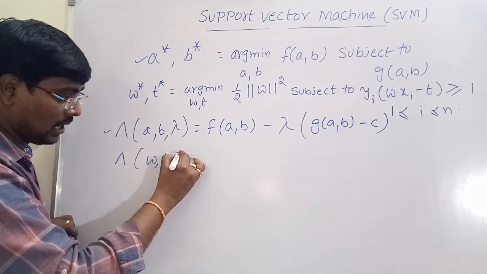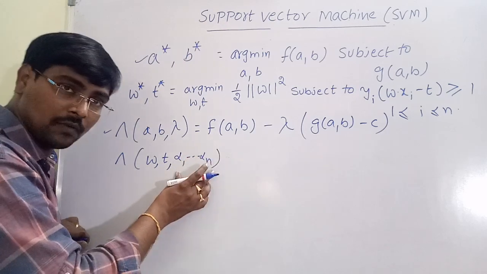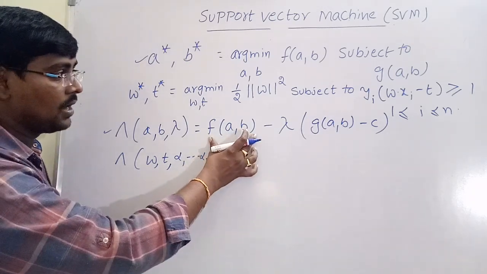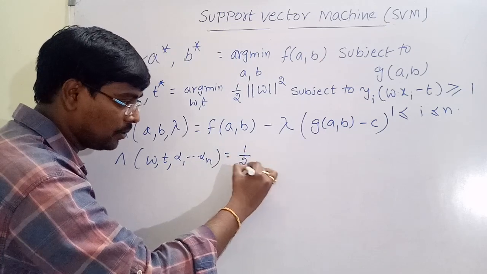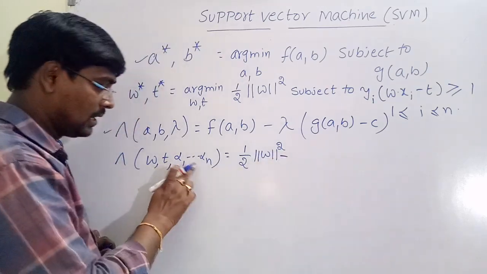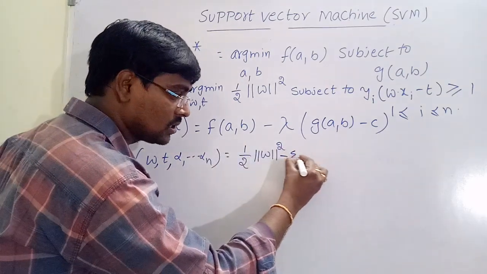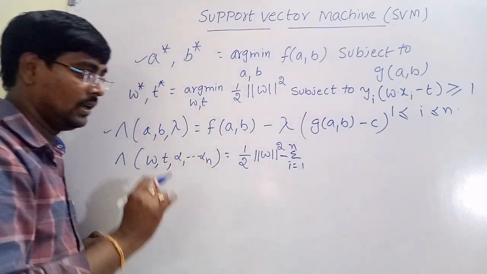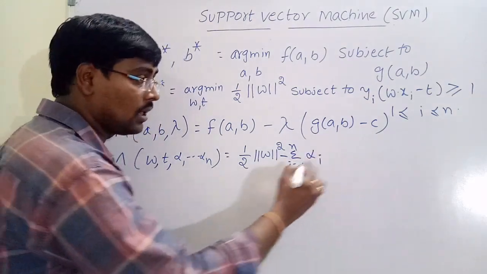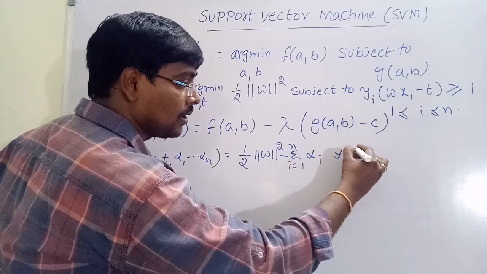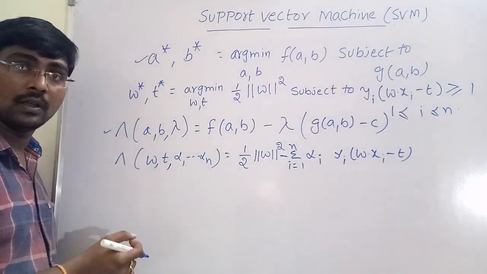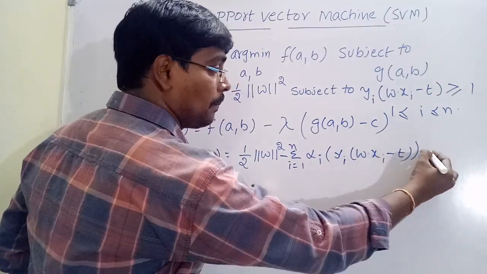So for that, W comma T comma alpha 1 to alpha n, a set of Lagrange multipliers, that is each alpha is for a particular instance. f of A comma B, we already know the formula, 1 by 2 mod W square minus lambda, which means the set of all alpha values, sigma I is equal to 1 to n alpha I, that is for all the variables, yi into Wxi minus t, minus some constant.